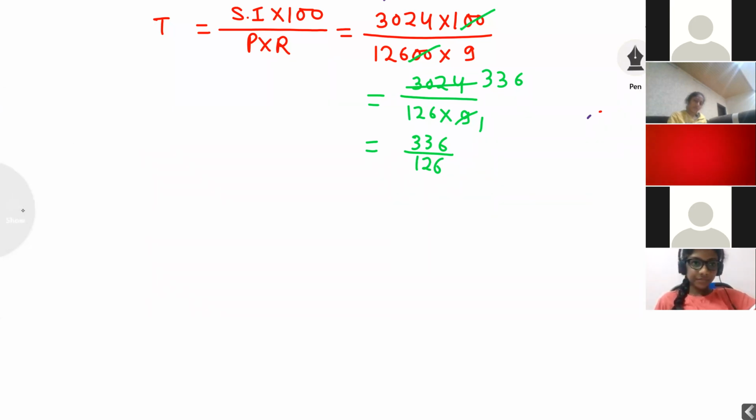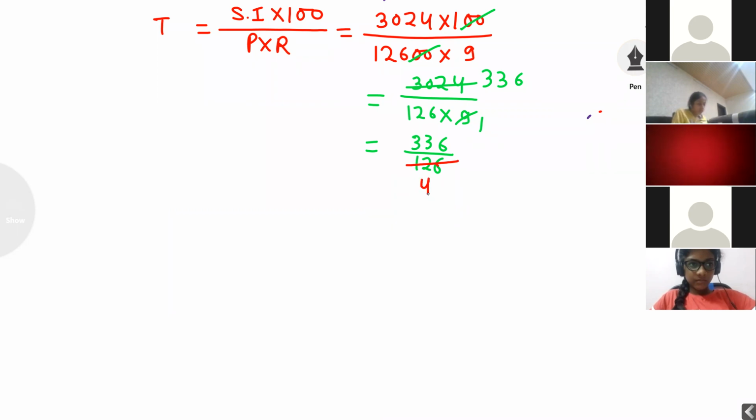Again, simplify everyone again. 3 4s are 12.